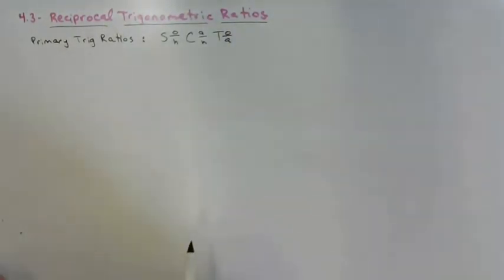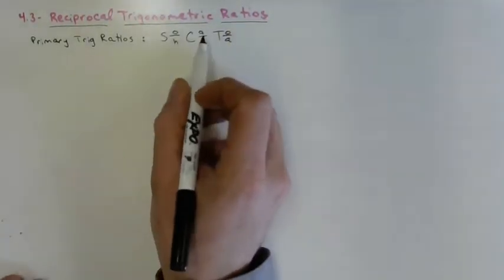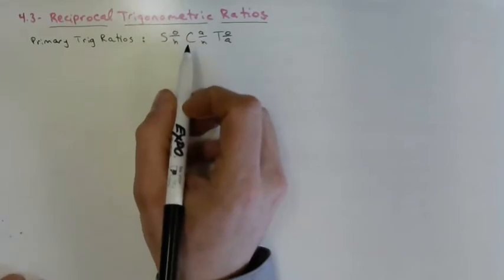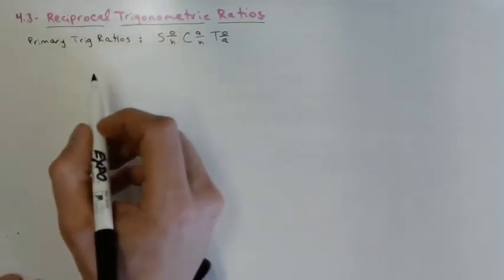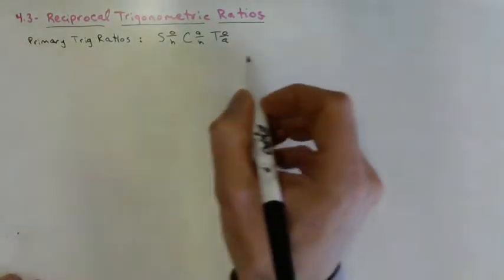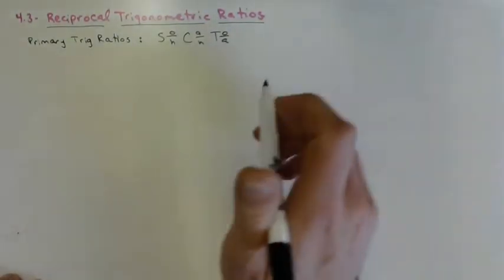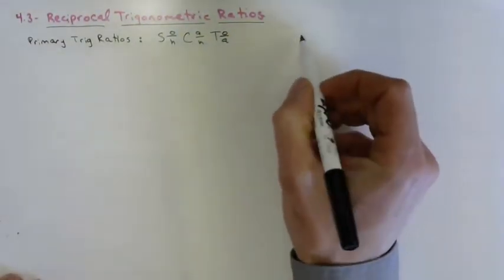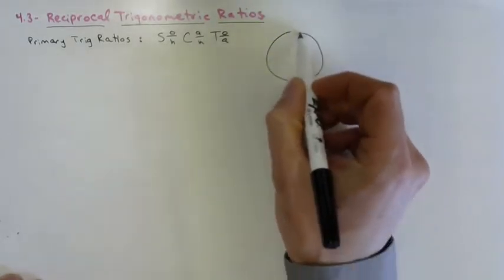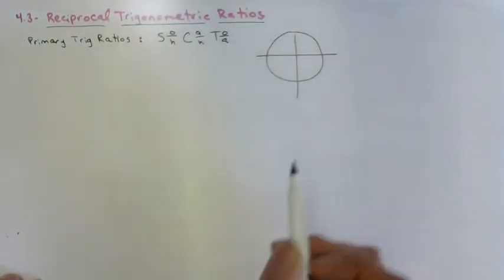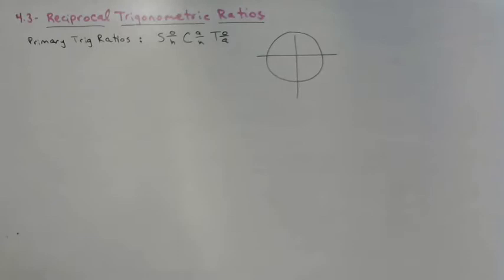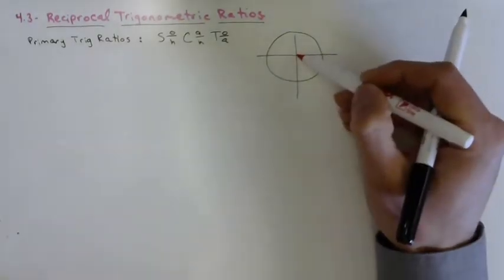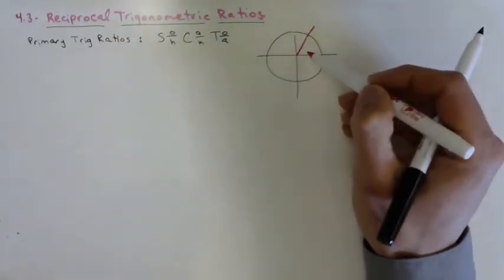Now, we didn't talk about them so much in terms of opposite, hypotenuse, and adjacent in our previous lesson. Instead, we were working in a unit circle, and we were given some angle, theta, whatever it is.